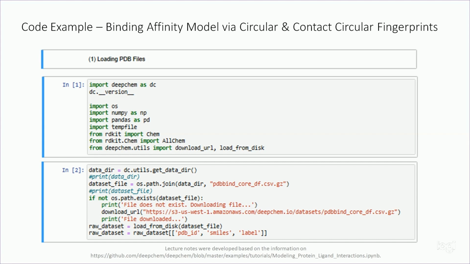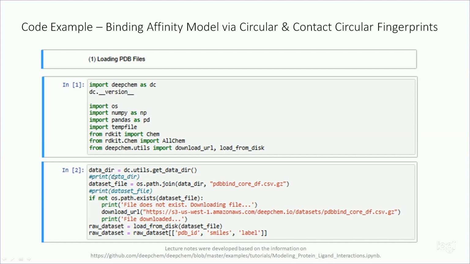Okay, second, we download the PDBBind data from the URL, and we get the current folder using the get_data_dir function under the dc.utils module.